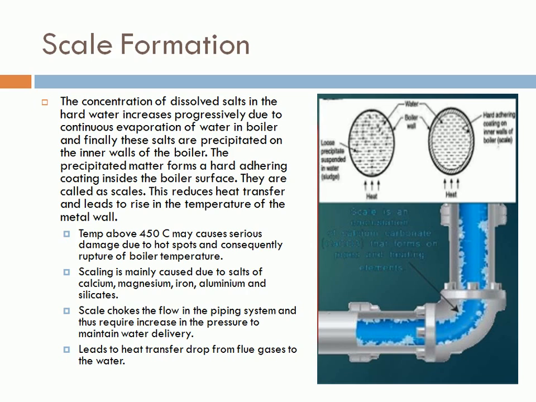So it also leads to a drop in heat transfer from the flue gases to water. This scale formation is one of the most important effects, produced with different salts like magnesium, iron, aluminum, silicates, calcium, etc. Right? This is the scale formation.